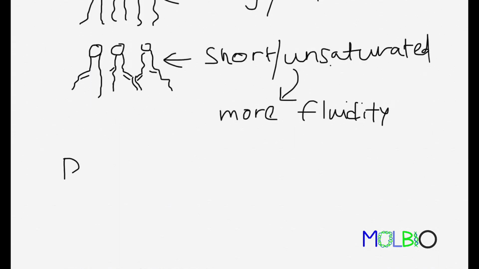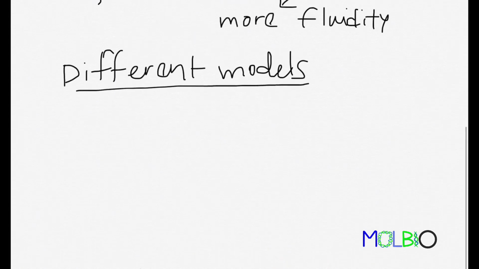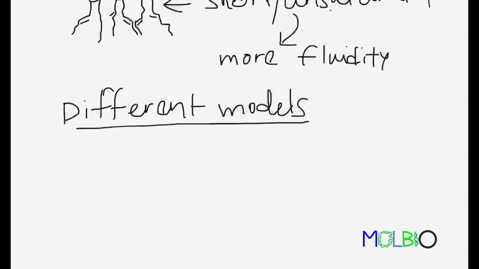Let us look at some of the models that were proposed on the structure of the lipid plasma membrane. The simplest and the first model that was proposed was of a lipid bilayer, which consists only of two layers of lipid molecules.